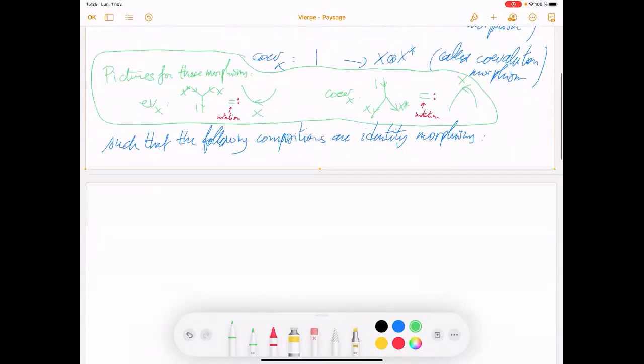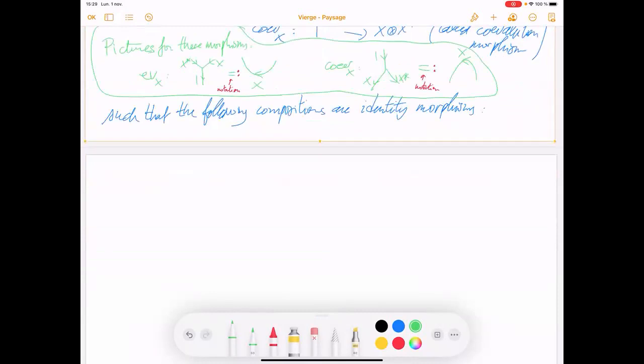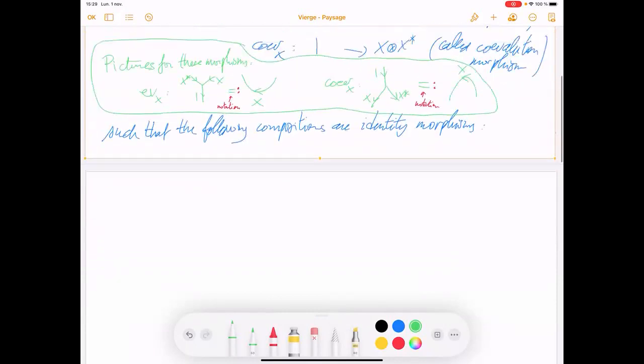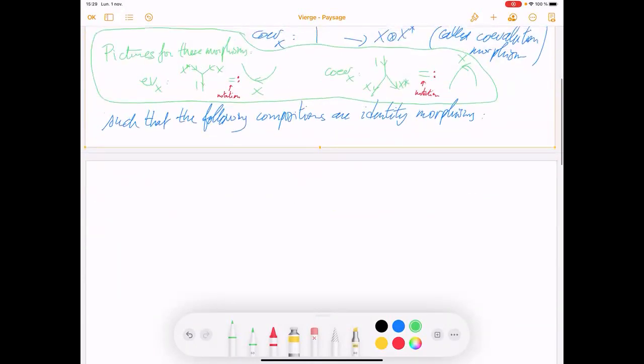So I will write the formal axiom, and then I will also rewrite it pictorially, and you will see that pictorially the axiom is very, very intuitive. So the following axiom, you have this composition. You start from X. Remember that X is identified to 1 tensor X always.